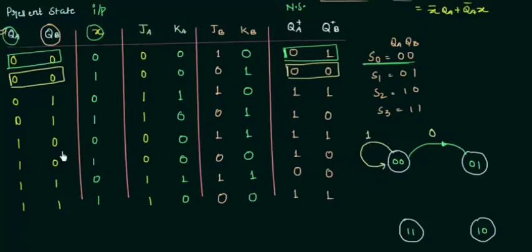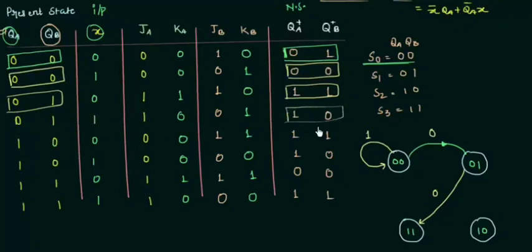And when I am on S1, 0 1 is my S1, and if I make the input equal to 0, I am going to 1 1. It means I am going to S3 if I make the input equal to 0. And when the input is 1 and I am on S1, the next state is 1 0. It means it is S2. So I am going to be on S2 from S1 if the input is 1.